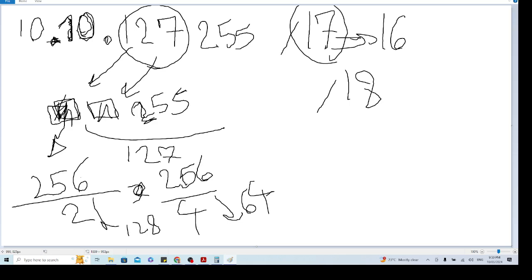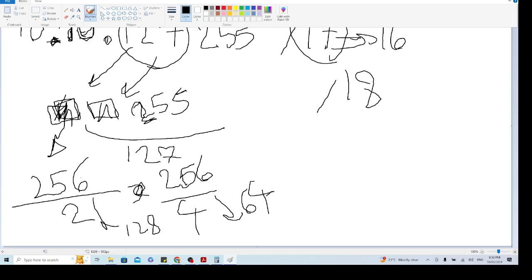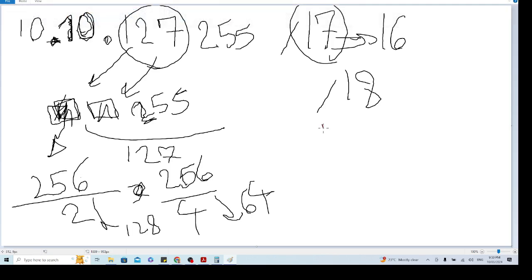It is very important. This mapping is very important. Let me show you. So for 16, map to 256. Even for slash 24, I map it to 256.